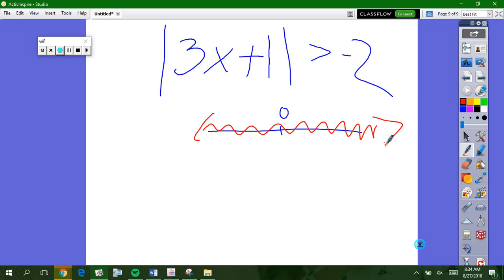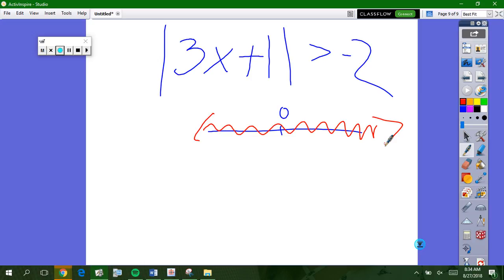Because pick any number in the whole world. Yes, ma'am. Exactly. If this was 2, would there be infinite solutions? No. Well, yes, technically yes. Absolute values with inequalities always have infinite solutions, but this solution is all real numbers.